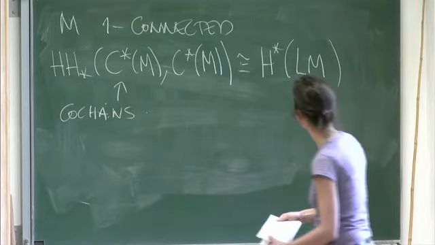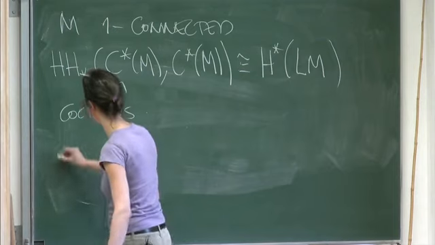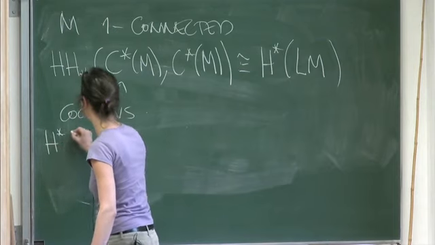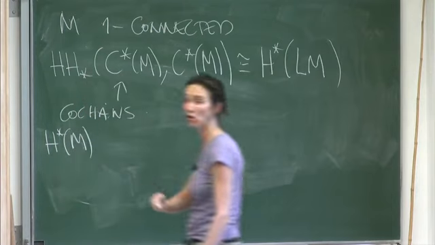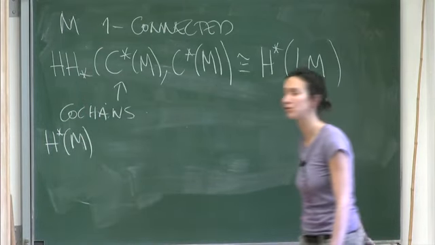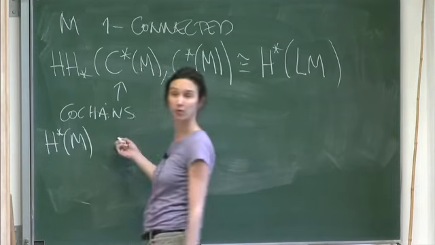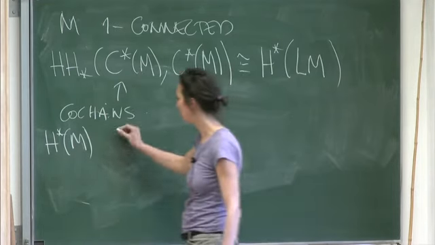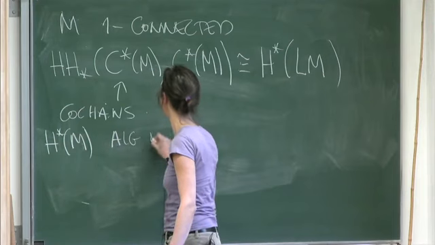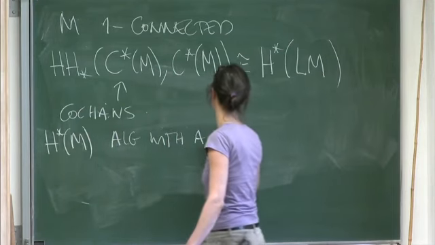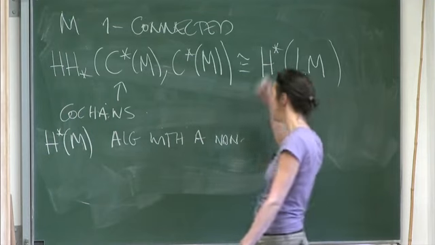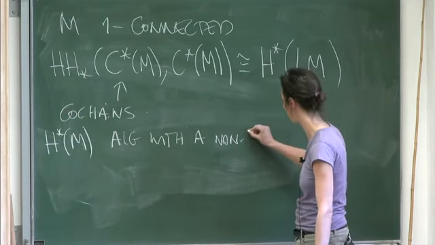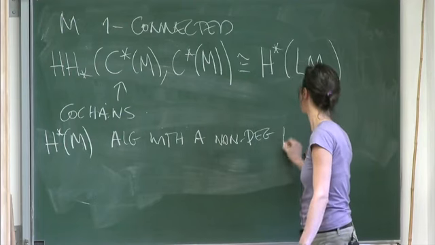Okay, and what do we know about the cochains? Well, one thing we know about at least the cohomology of a closed manifold is that it satisfies Poincaré duality. It's not any algebra. It's an algebra with a non-degenerate pairing.